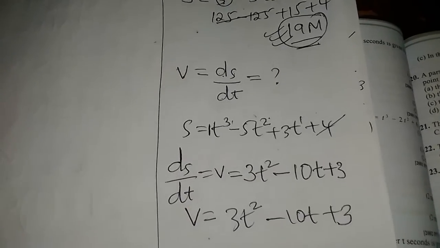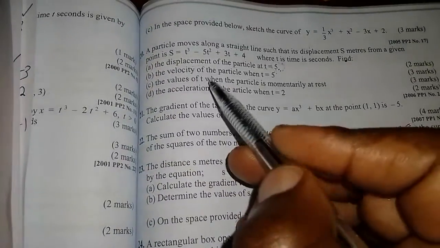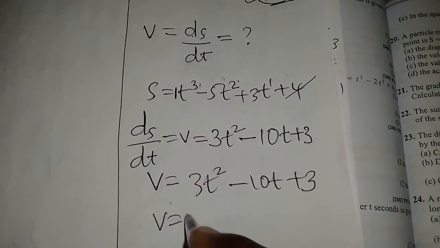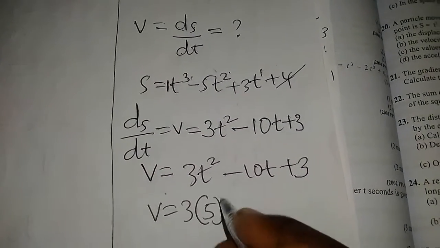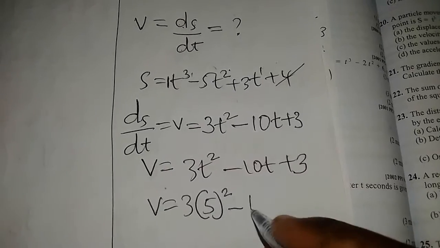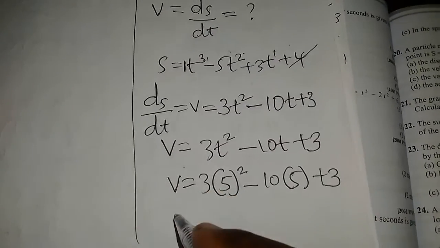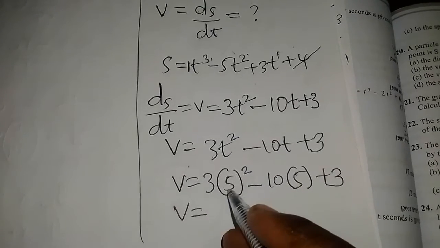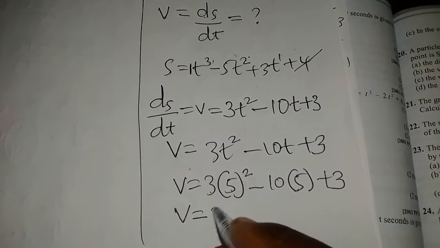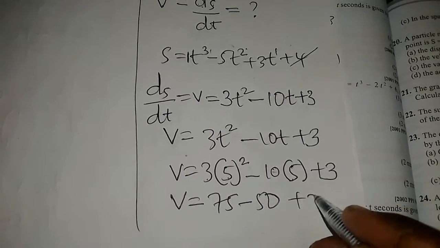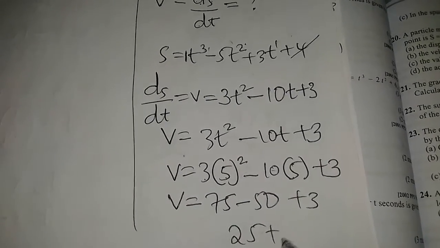So how do I get the velocity when time is 5 seconds? Just say v equals 3 into 5 squared minus 10 into 5, then plus 3. That is 25 times 3, which gives you 75. So 75 minus 50, then plus 3, that is 25 plus 3.